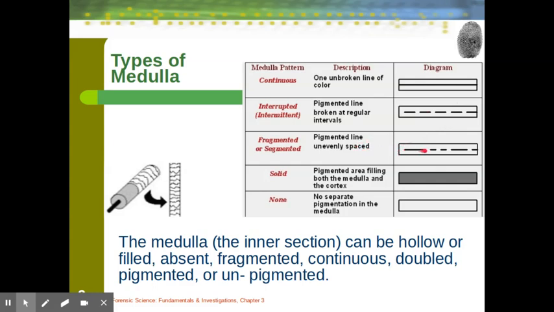This might be a fragmented one, so this they look kind of regular. But here, it's just sort of randomly segmented. There could be a solid one, so pigmented area is filling both the medulla and the cortex. And then you may have no discernible medulla, especially if you only have a small sample of the hair.